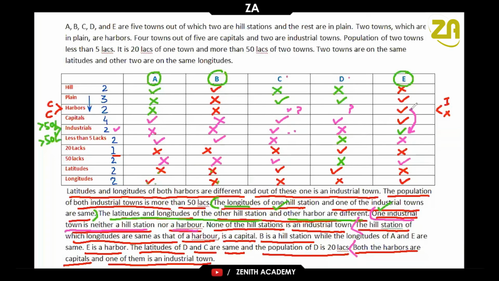Out of 2 harbors, only one is industrial, and you decided the town is a harbor as well as industrial. So you cannot take this one, because if you take this, both will already be industrial, so this will not be the harbor. Correct? So this one is the harbor. Remove this one, and this cannot be a harbor.